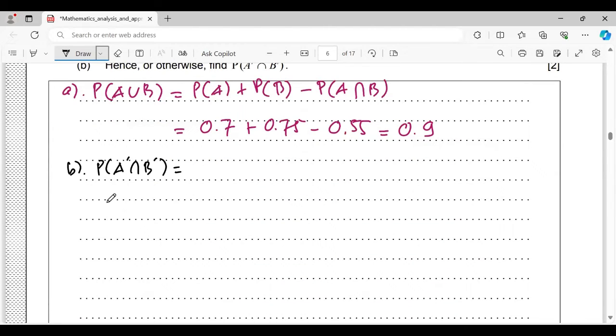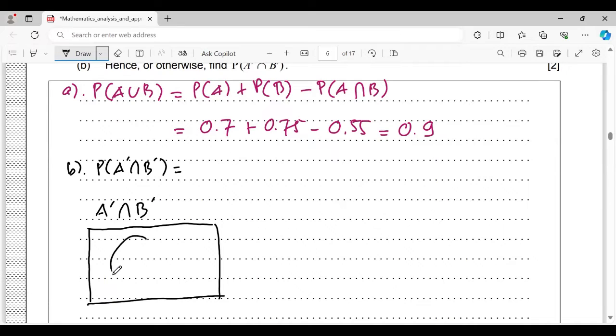I'm going to draw the conditions: non-A intersection non-B, or A apostrophe intersection B apostrophe. I'm going to sketch the Venn diagram. If this is A and this is B, set A, set B.